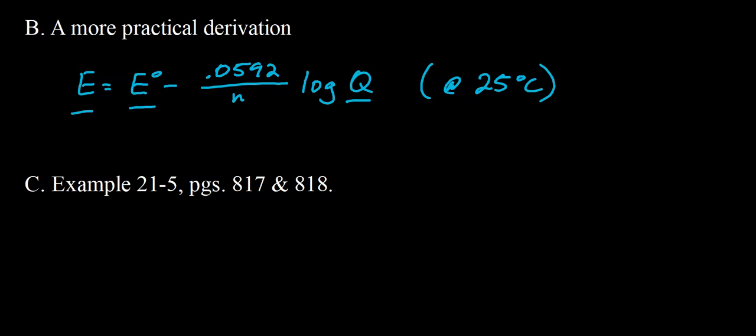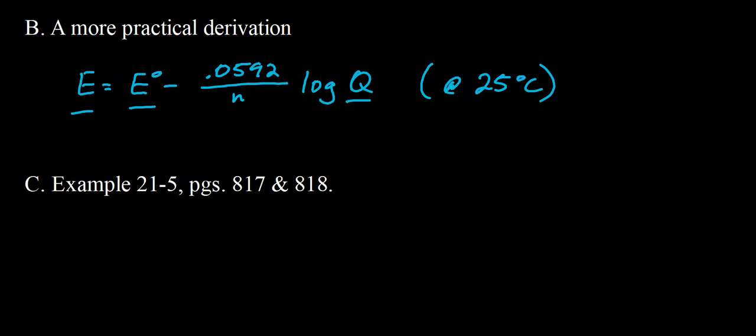Suppose you have in some half cell an inert electrode in a solution of both iron 3 and iron 2. Now we can look at the reduction, we can look at the oxidation, it really doesn't matter. But since we use the table of reduction potentials, let's look at the reduction of iron 3 to iron 2. So the standard reduction potential is 0.771 volts.